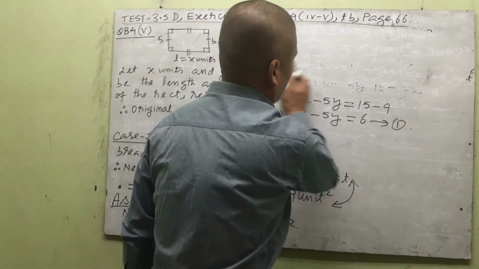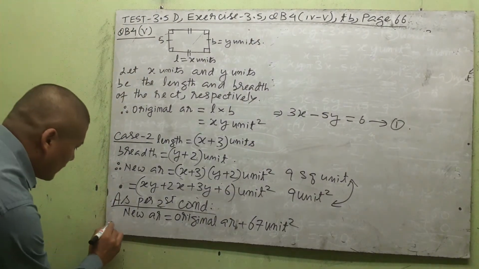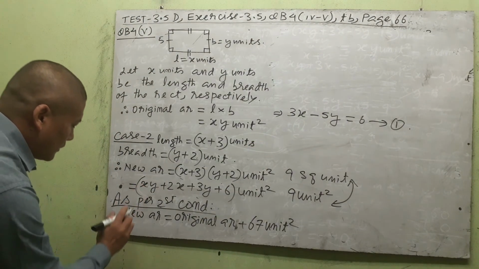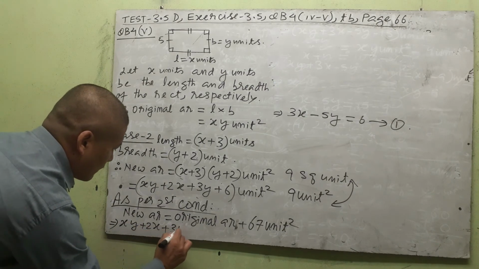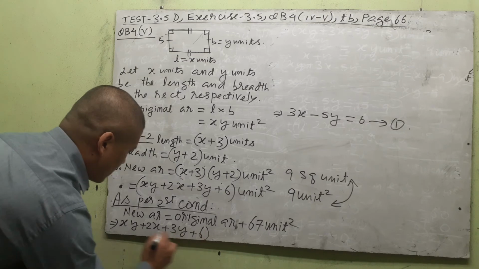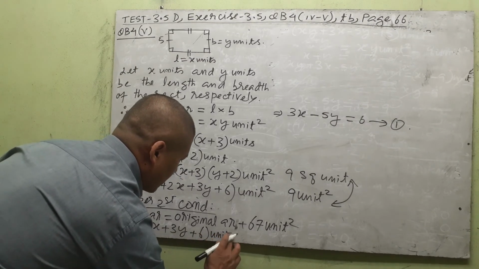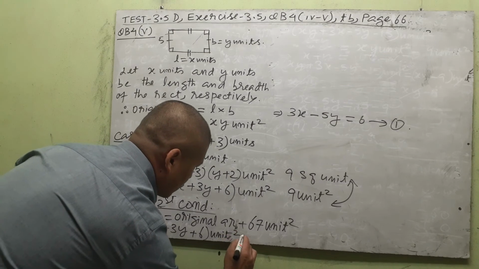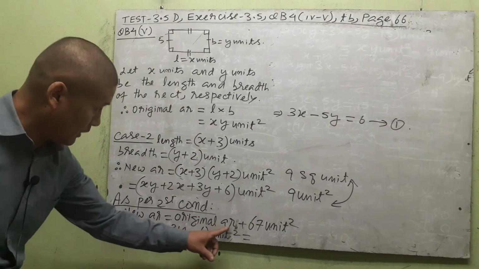Okay, so once we're through with that, now we can continue in the same line. This is equation 1, don't forget. So here that gives you new area, which is this one, xy plus 2x plus 3y plus 6, the whole thing unit square, will be equal to new area, equal to original area.